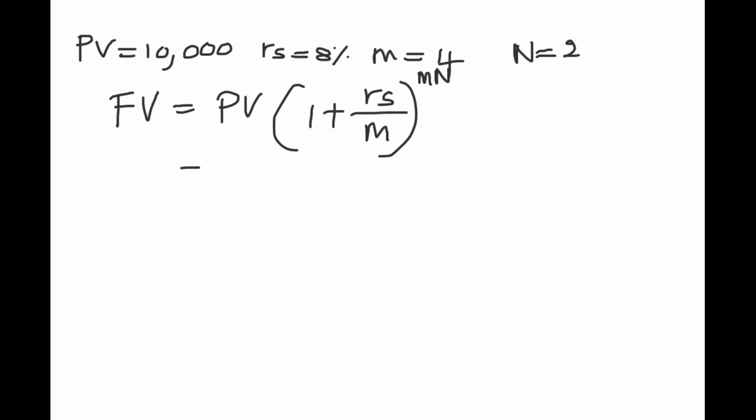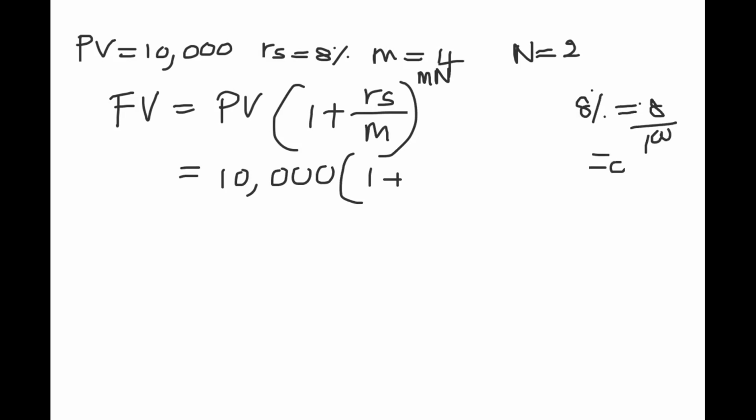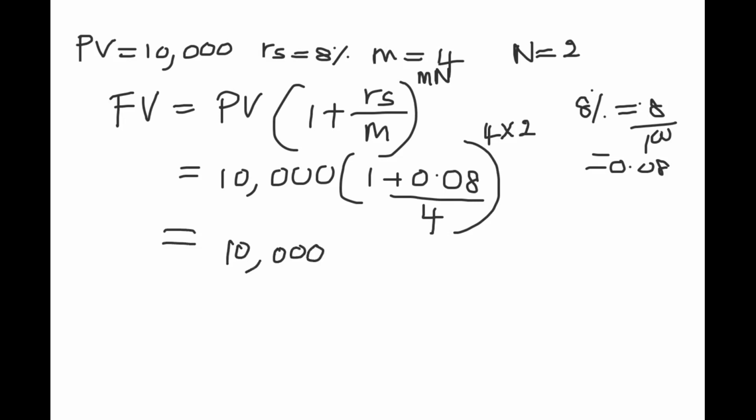Then 10,000 into 1 plus 8%, 8 divided by 100, that is 0.08, divided by M, because there are 3 months per quarter and 4 quarters per year, and to the power MN. M is 4, N is 2. Then we can simplify this.